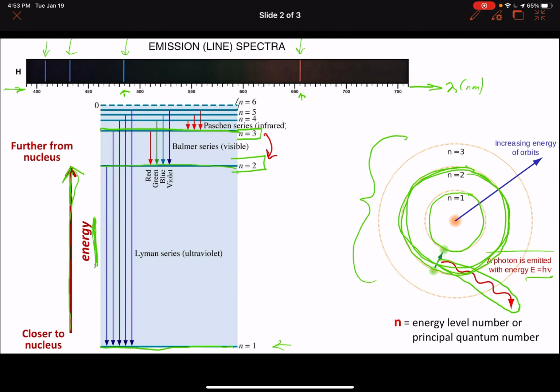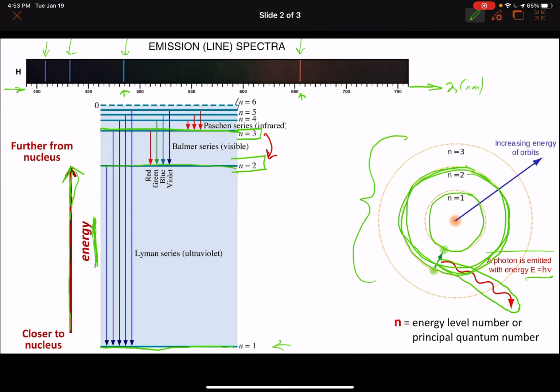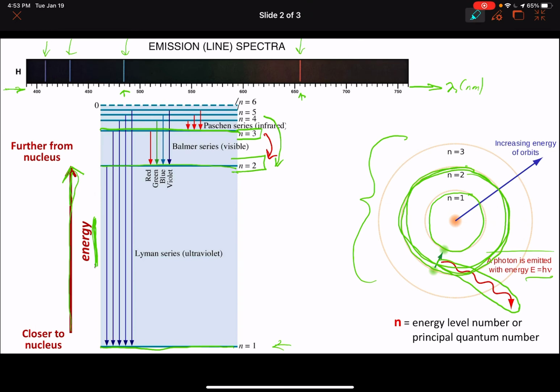The green photons come from n equals 4, the fourth orbit, down to n equals 2. Okay, the cyan photons come from n equals 5 and drop down to n equals 2.